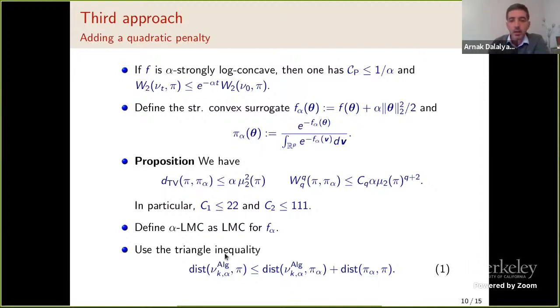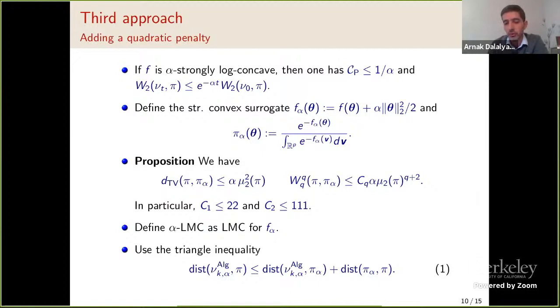From now on, when we talk about alpha LMC, it's simply this Langevin Monte Carlo method, which is applied not to the function f, but to the function f alpha, to the penalized potential. And how to analyze such a method?